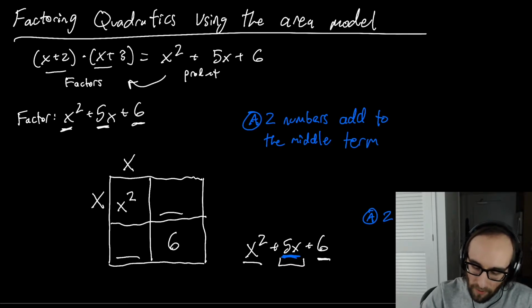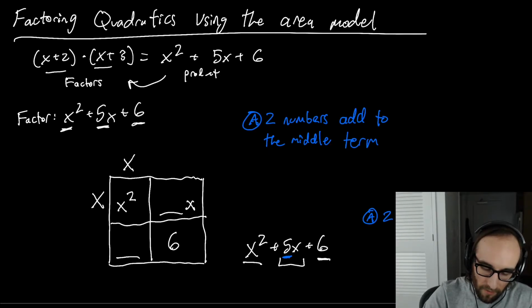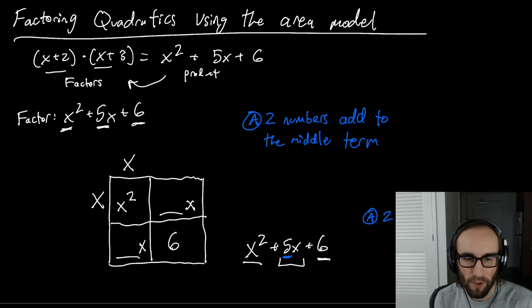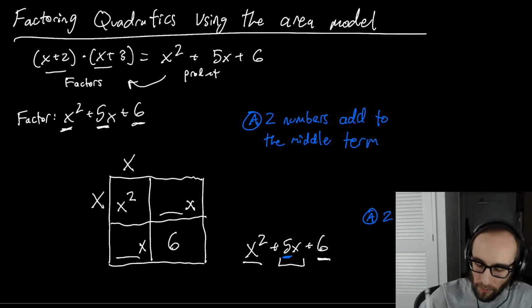And let's just talk about the coefficients, in this case, 5, because we know we're going to have an x here and here because of the sides we already filled out. So we're just trying to find those coefficients, the numbers in front.